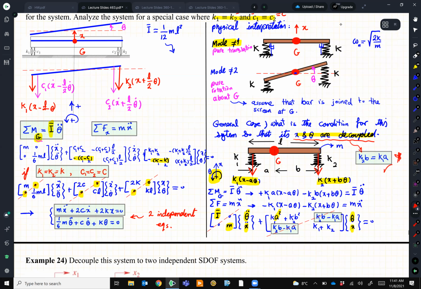But let's say in any other condition, if I don't have this K1A equal to K2B, in any random system, listen to this part. If I just move it up, without any rotation, and I release it, is it going to go up and down only?